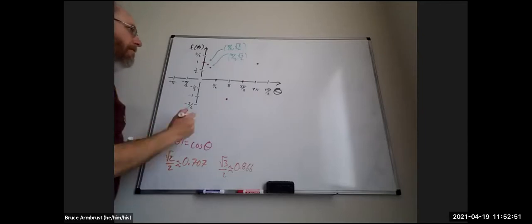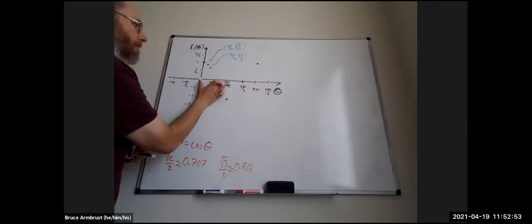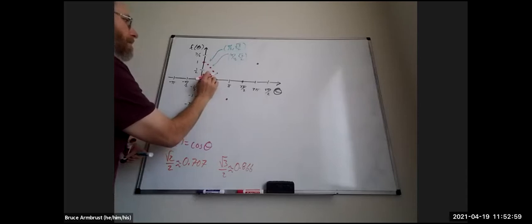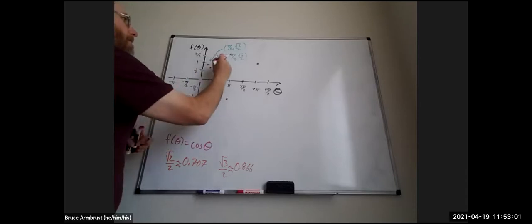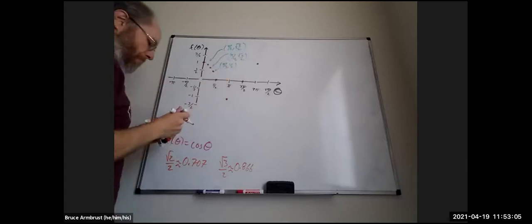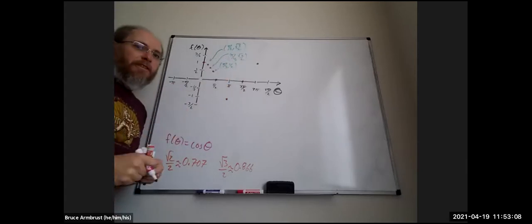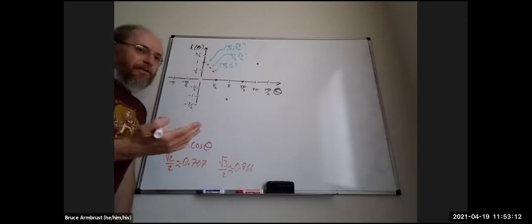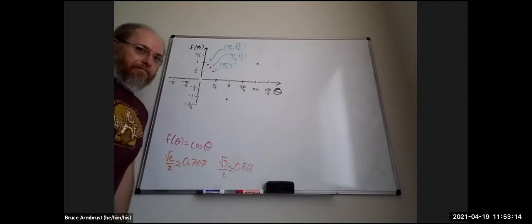And then we get pi over 3, and pi over 3 is 1/3 of the way to pi, so let's get that there. And we get 1/2. So we draw that point. I'm just using the values that we had already calculated to draw my dots, because I'm going to do the old draw the dots and connect them.